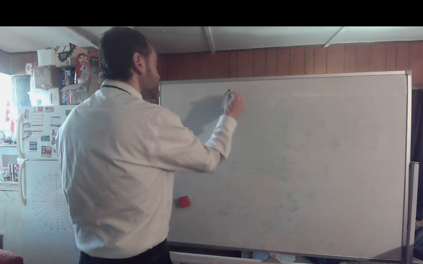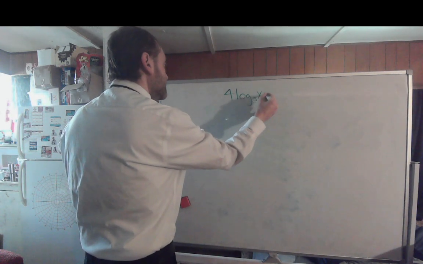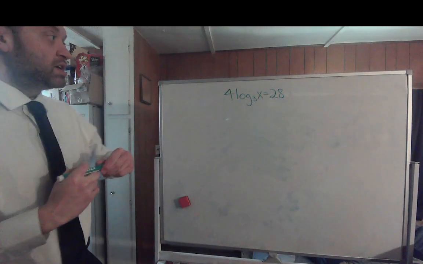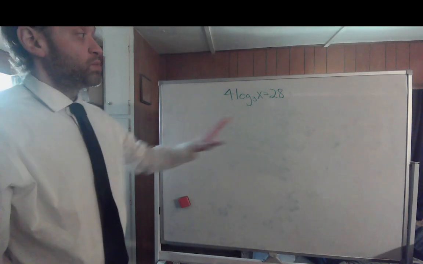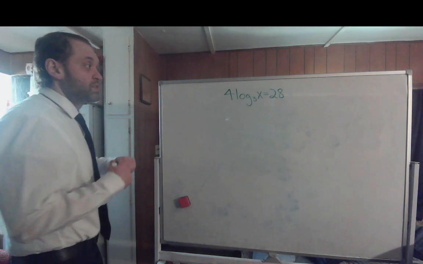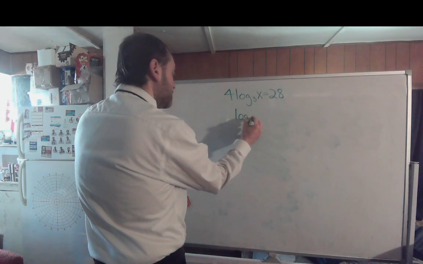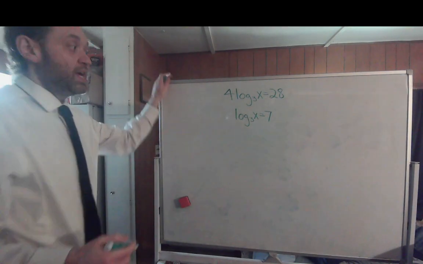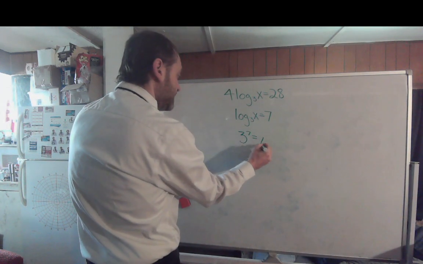Alright, 4 times log base 3 of x equals 28. Well, we just want to get that log base 3 of x by itself, right? So divide both sides by 4, you'll end up getting log base 3 of x is equal to 7, which is the same as saying that 3 to the 7 equals x.